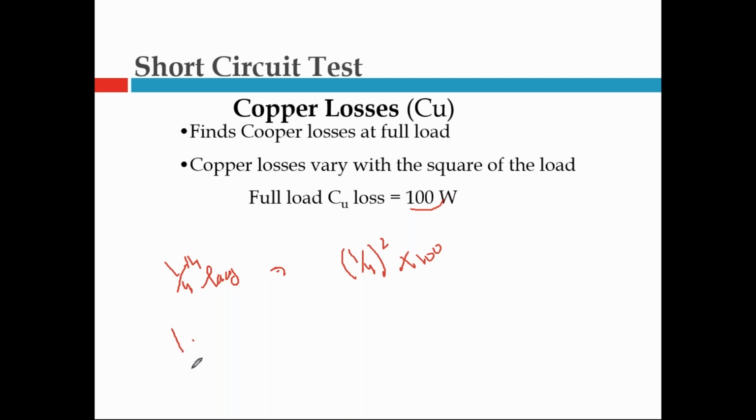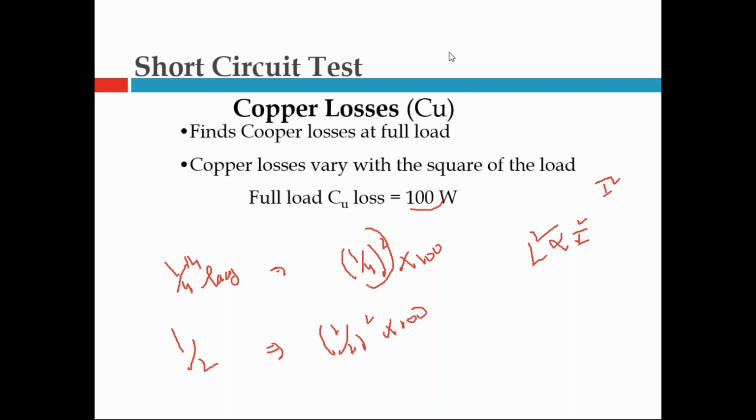For half load, it is 1/2 square into 100. Why does the square term come here? Because the load is directly proportional to the current, and for copper loss the formula is I square. That's why we square the load fraction, that is 1/4 square.